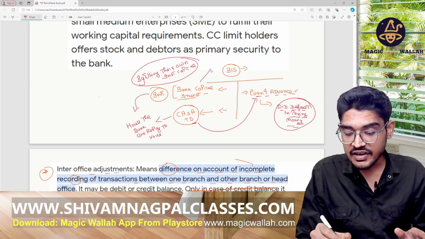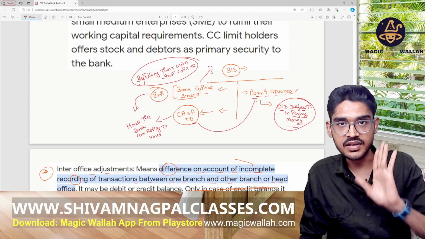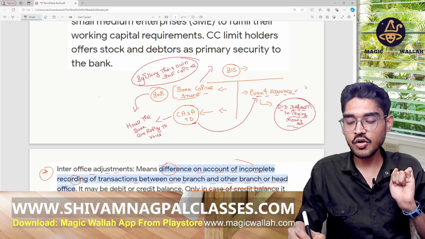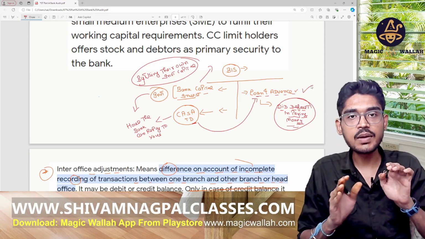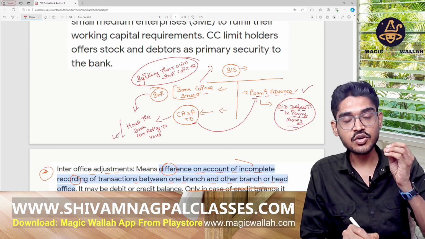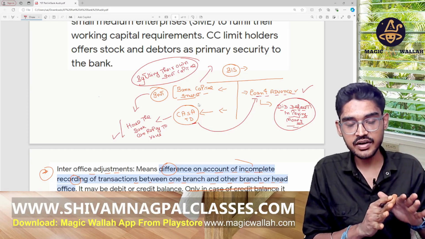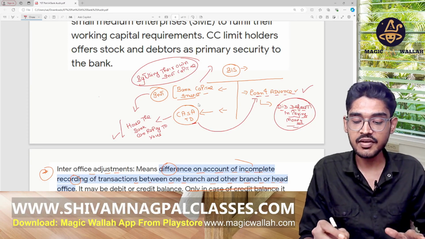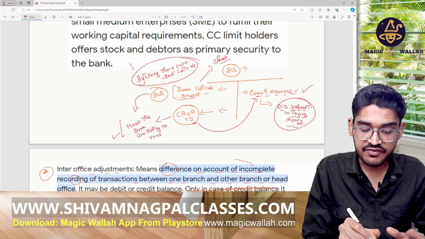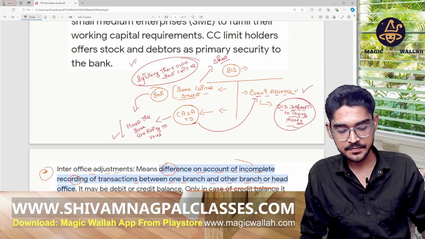So the bank should have enough capital to reduce the risk in their business. Otherwise their business gets shut down. If the borrower defaults and the bank is not able to repay the current account holders, saving account holders, and TD holders, the bank will get shut down. So the bank should have enough capital to remove the risk from their business.